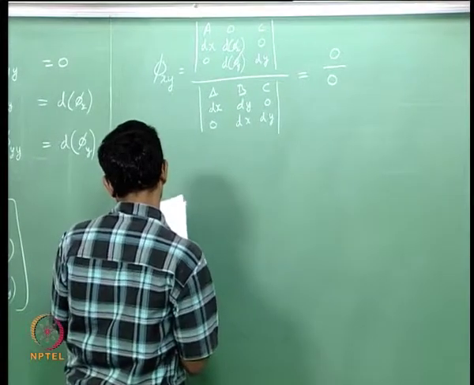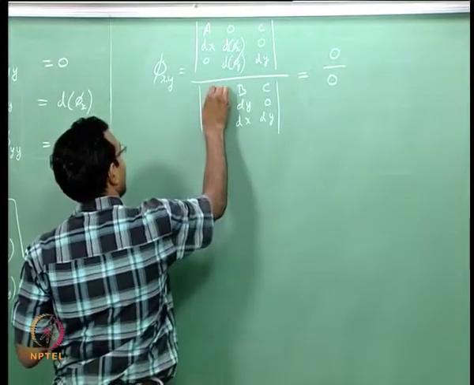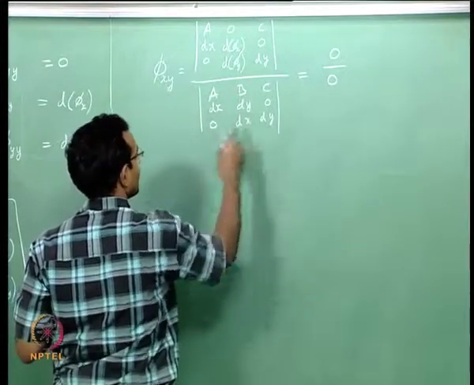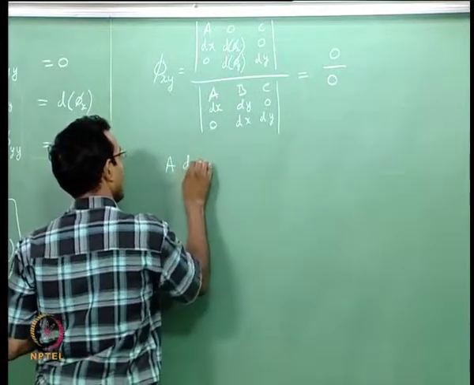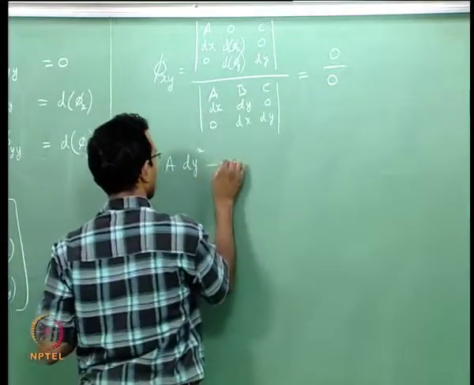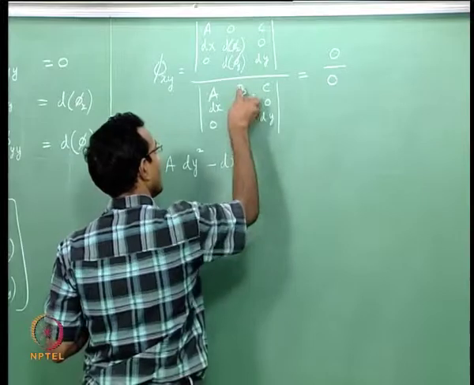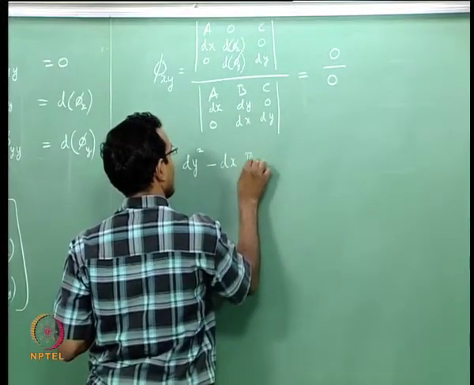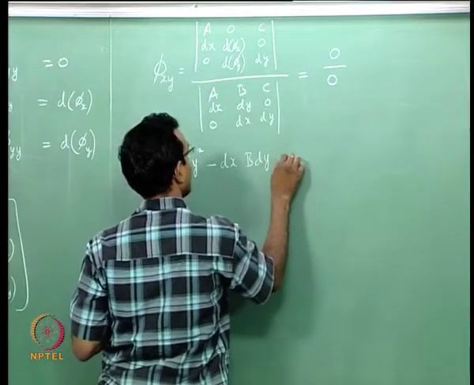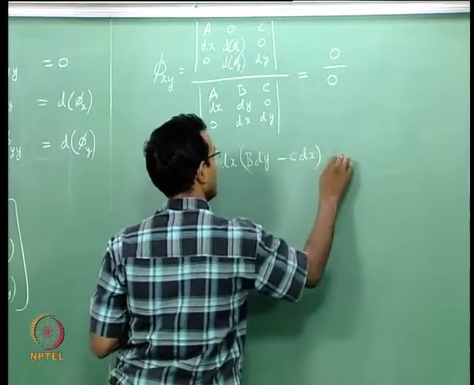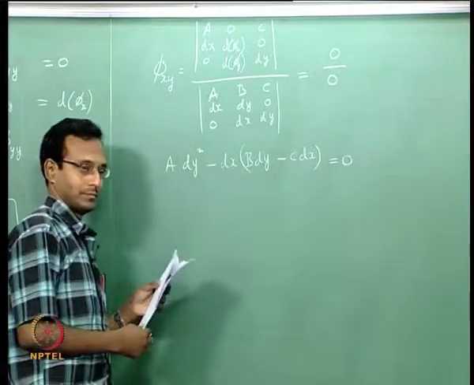If I take the denominator alone, I will find the determinant of this, which will be a times dy square minus dx times determinant of this, and this, b dy minus c dx. This must be equal to 0, we said.